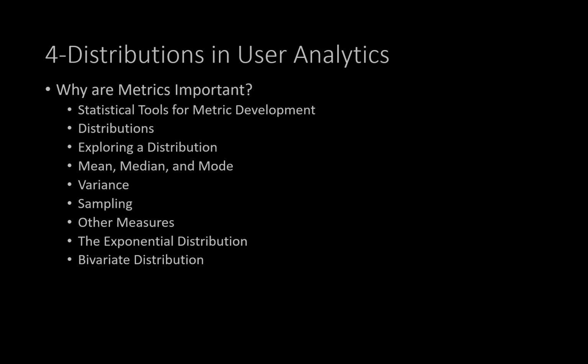Now let's talk about exploring a distribution. The bell curve, or normal distribution, is a listing of all possible values in order, and each value on the x-axis shows how often the value occurs.